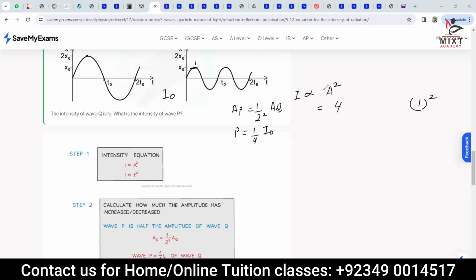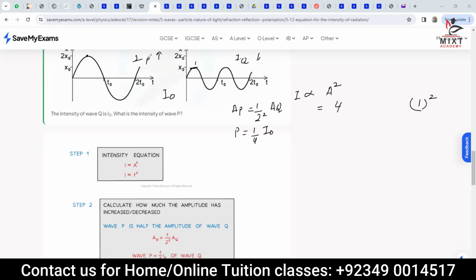So which one is greater and by how much? Intensity of P is actually greater. Let's suppose this is IP and this is IQ. IQ is lesser and IP is greater. My question is how much?